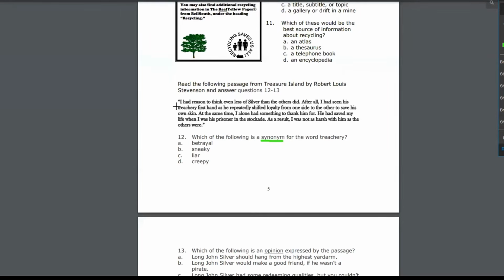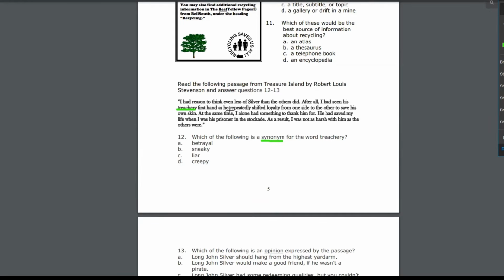So if we look at it, it says, I had reason to think even less of Silver than the others did. After all, I had seen his treachery firsthand as he repeatedly shifted loyalty from one side to the other side to save his own skin. That tells me all I needed to know, because even if you don't know what treachery means, he ends it by saying he repeatedly shifted loyalty.